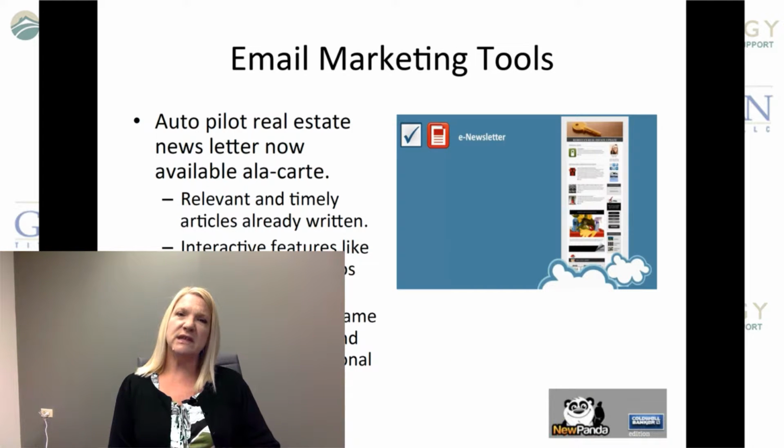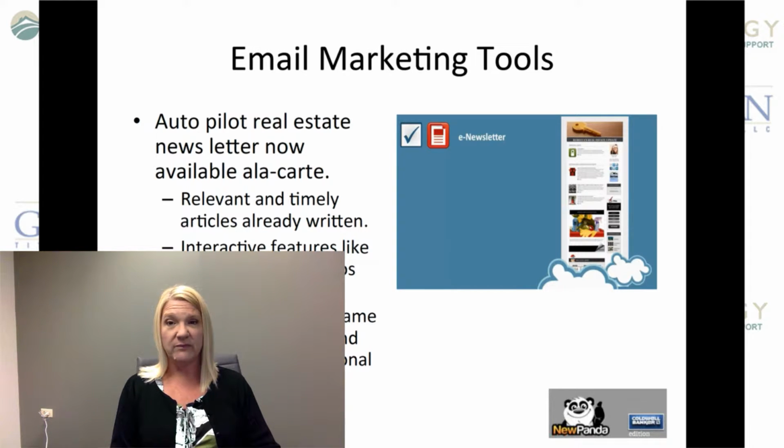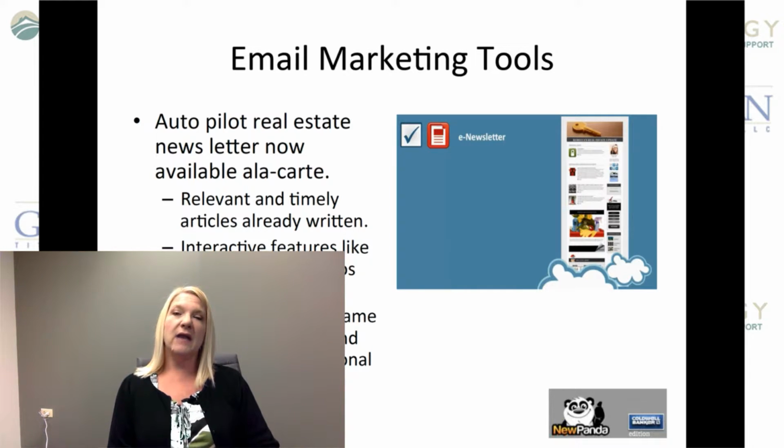So first is the email marketing tool. So basically, I mentioned earlier there is an AVP newsletter that goes out once a month. And you will be shown that email before it goes. The thing is, for anybody to receive this via email, they do need to be a primary sphere contact within New Panda.